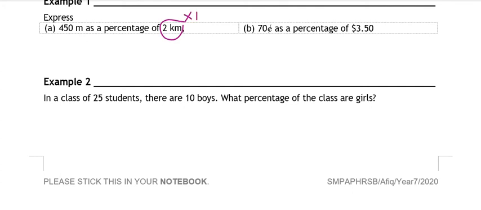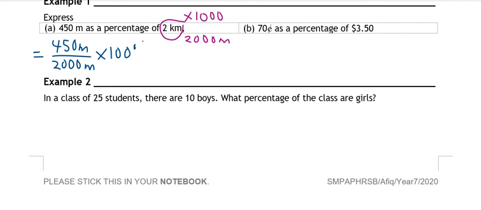So 1 kilometer is 1000 meters, so 2 kilometers means it is 2000 meters, right? So that's the first one. Next, you have to form a fraction. The smaller value is on the numerator, over 2000 meter, which is the whole thing. To convert this to a percentage, you have to multiply the fraction by 100%. This is from your previous lesson, right?